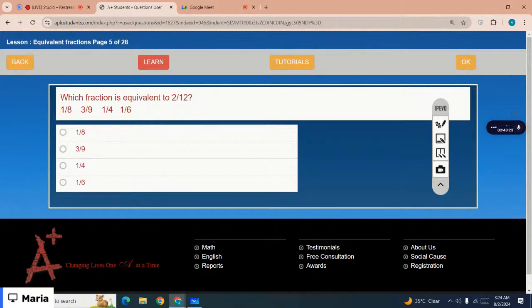That is 1 over 6. Option number 1. How? If you divide the fraction by 2, that would be 1 over 6. Option number 4 is the correct option. Can you please explain? That is 1 over 6.